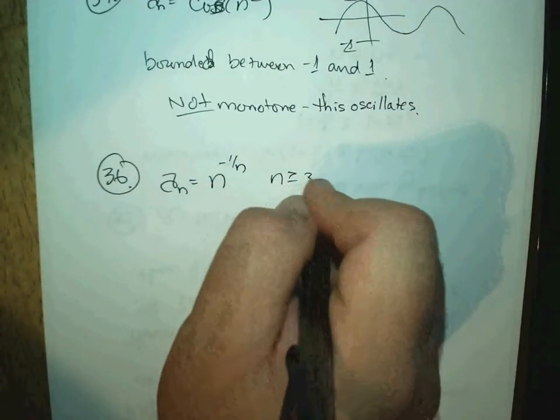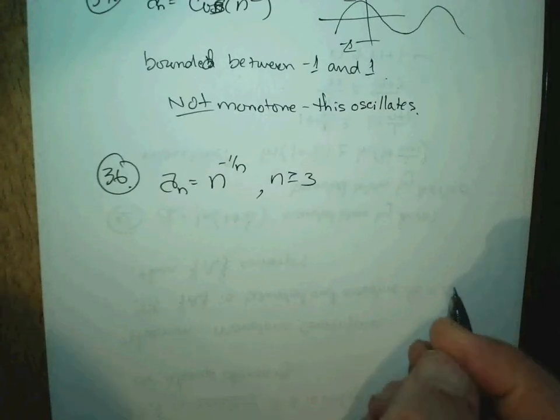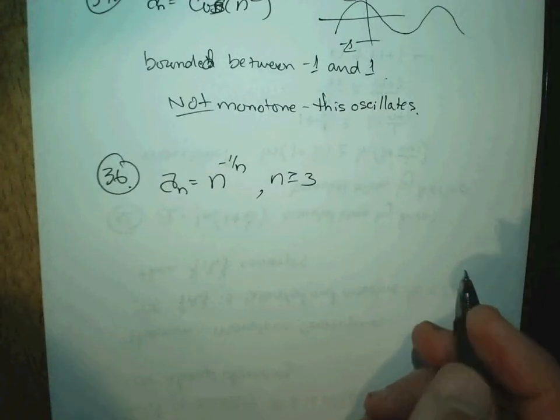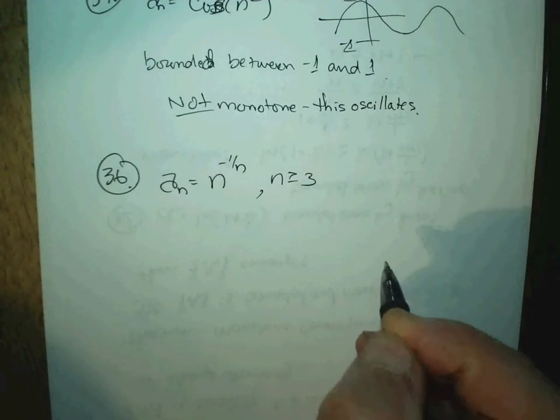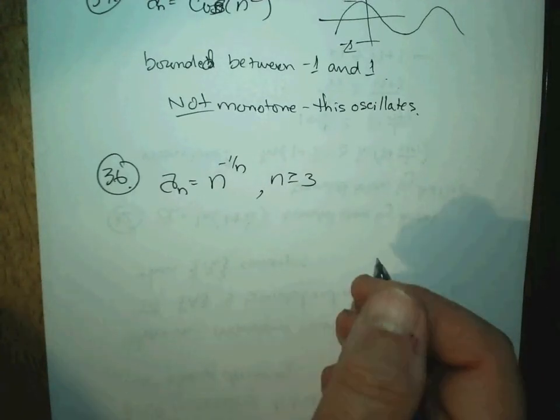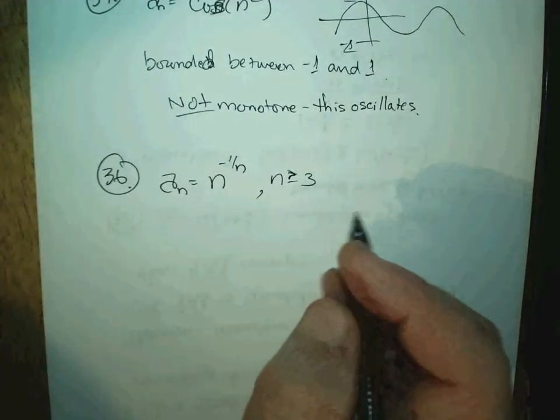All right, let's take a look at number 36. In 36, we have the function generating our sequence n to the negative 1 over n for n bigger than or equal to 3. Okay? And so the question is, right, is this bounded? Is it monotone?